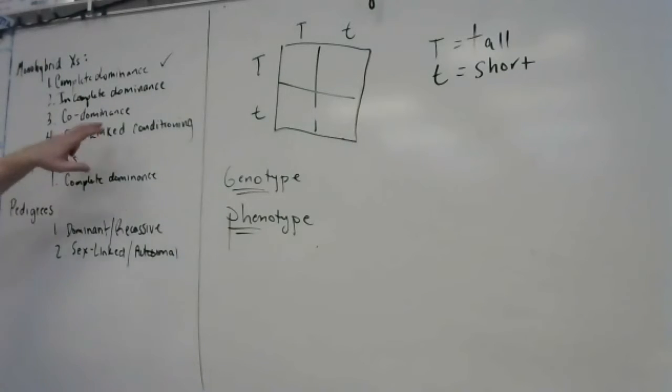Now, this is incomplete dominance. You understand complete dominance expression. Somebody give me a definition. What's going to happen here with incomplete? If complete dominance means the dominant allele eclipses the recessive, what's going to happen here?